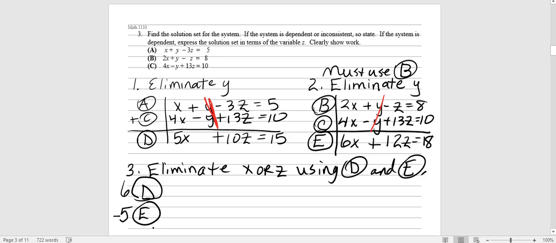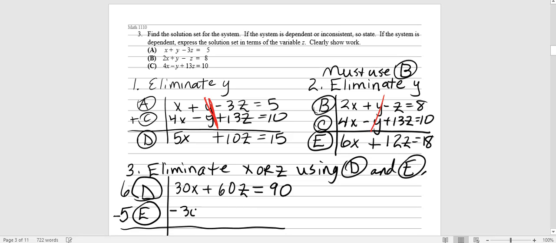So I'll make the 5 negative. 6 times equation D is 30x plus 60z equals 90. Negative 5 times equation E is negative 30x minus 60z equals negative 90.